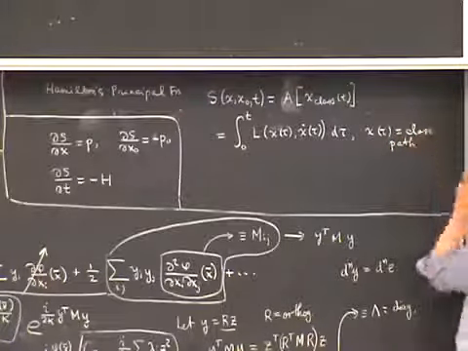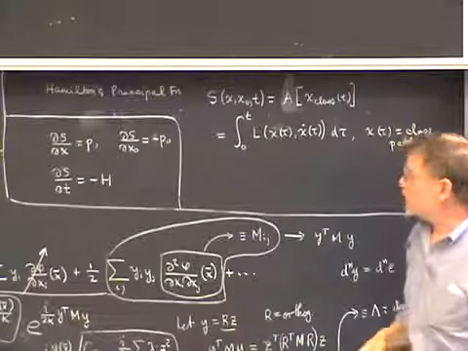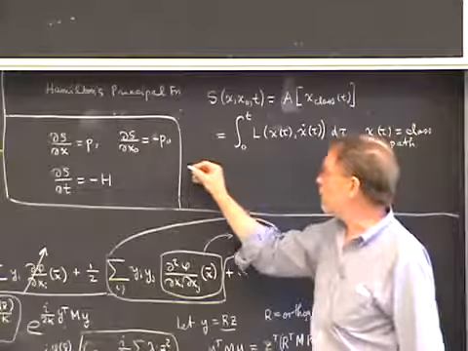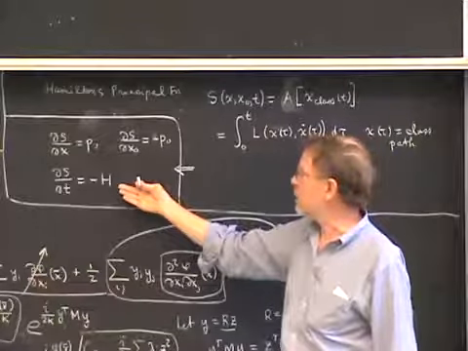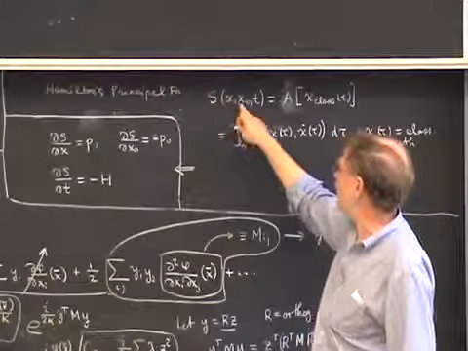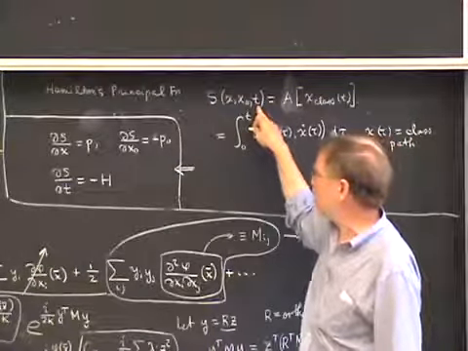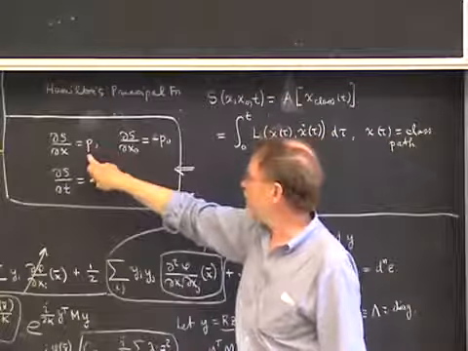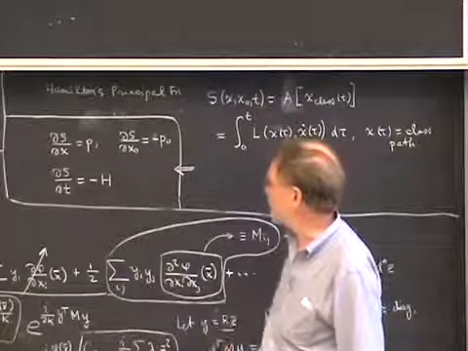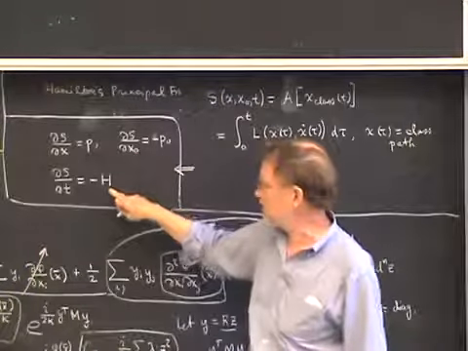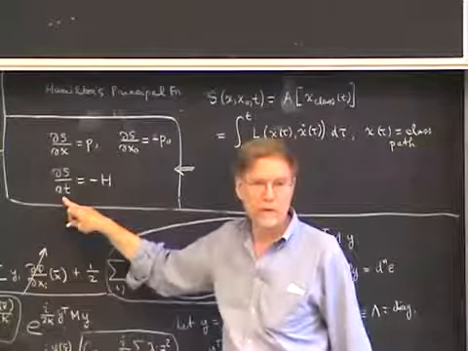And then, as I mentioned last time, Hamilton has shown that this function satisfies certain differential equations. If you differentiate with respect to the parameters, x, x0, and t, that S depends on, you get the final momentum with differentiation with respect to x, the initial momentum with differentiation with respect to x0, and minus the energy or Hamiltonian with differentiation with respect to time.